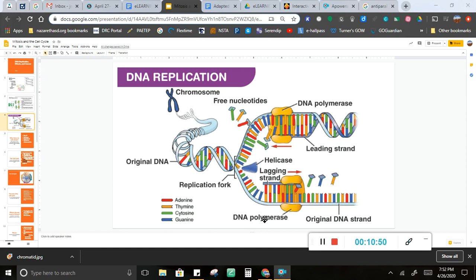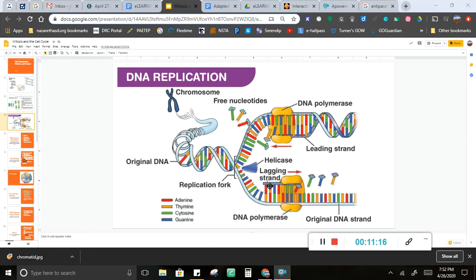Down on the bottom strand, though, we have a problem. Down here, DNA polymerase is forced to wait for a free 5' end, which is up here. So it has to wait for the molecule to unzip before it has another free 5' end.